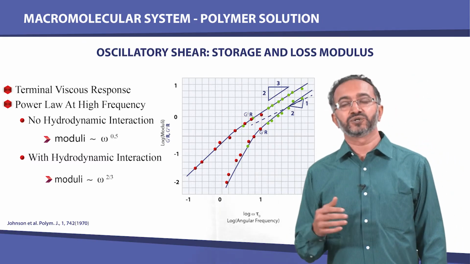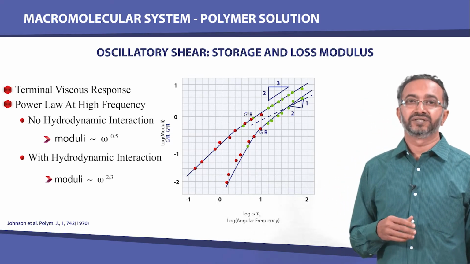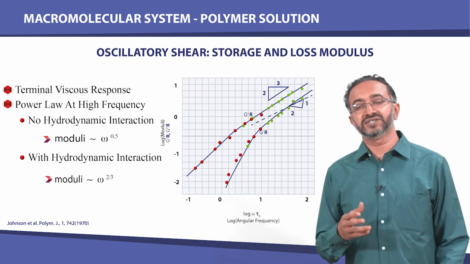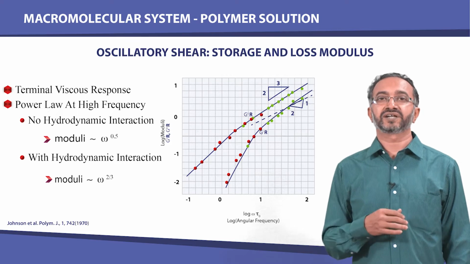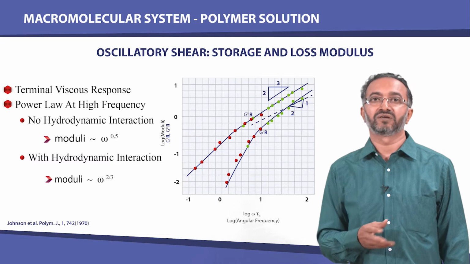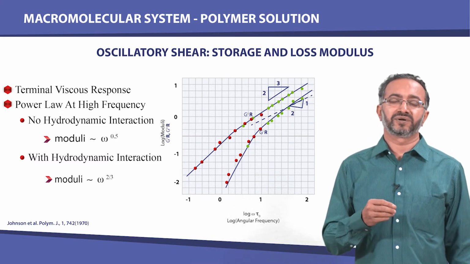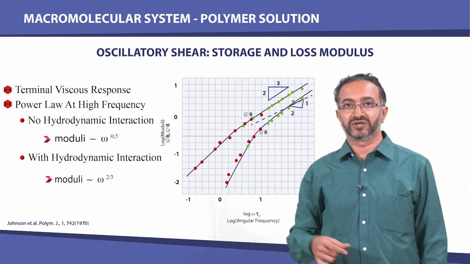And of course, the theory of Zimm, which accounted for the hydrodynamic interactions. The hydrodynamic interactions, as we will see later on also, are the interactions between polymer segments, but they are mediated by the solvent. In fluid mechanics, for example, we look at a particle settling and its terminal velocity.